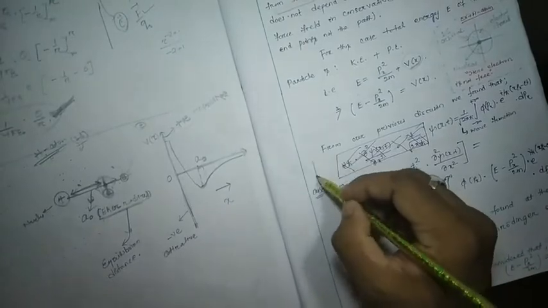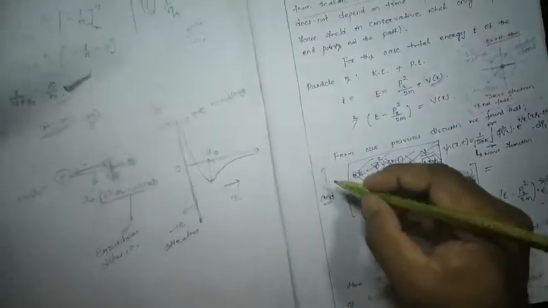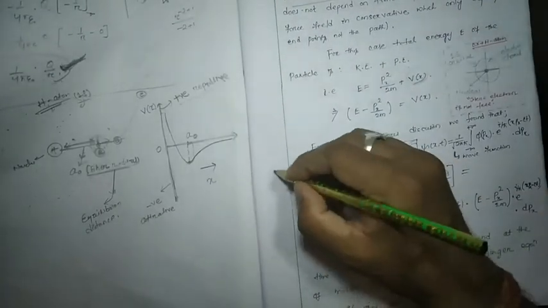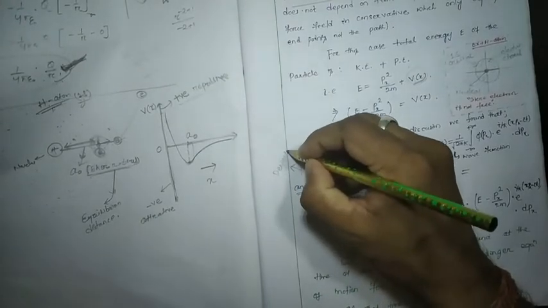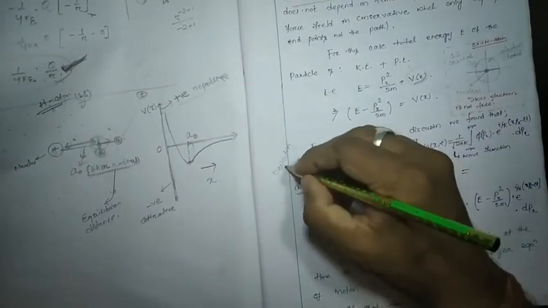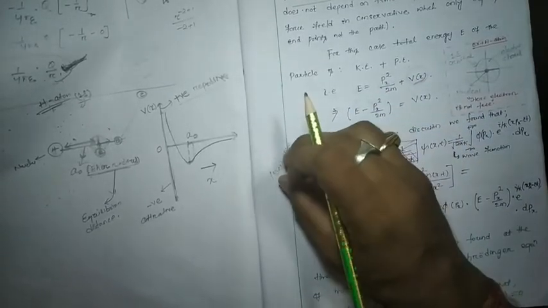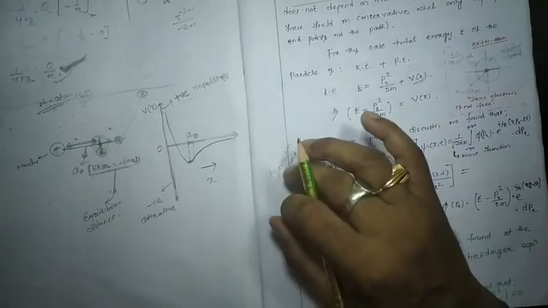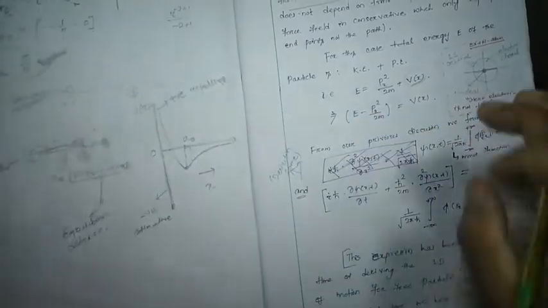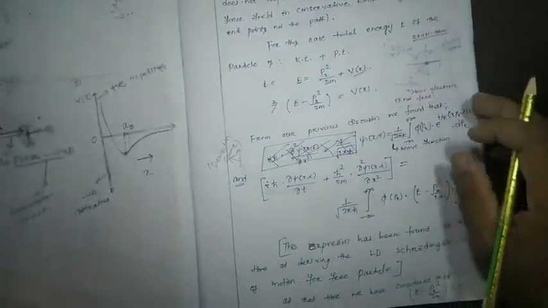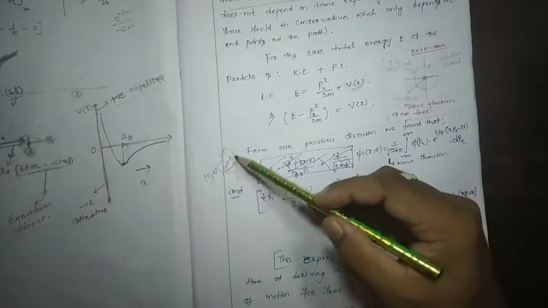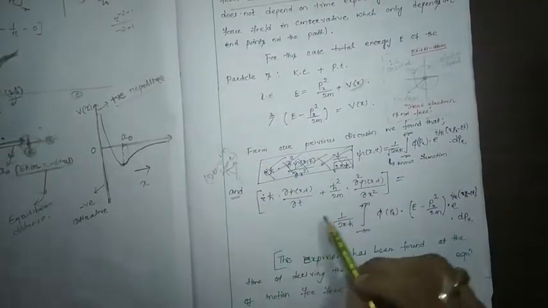So the derivation here is the same. You can write here: derivation up to this expression is the same. Just write this much, it will indicate why it has been written. With the help of the previous derivation, we can find this expression.